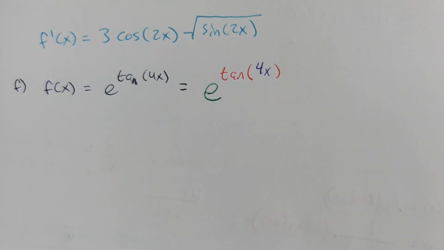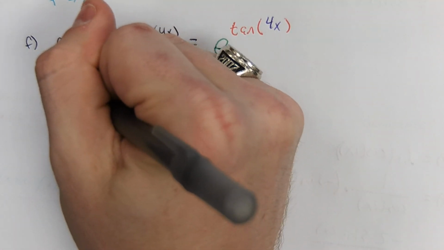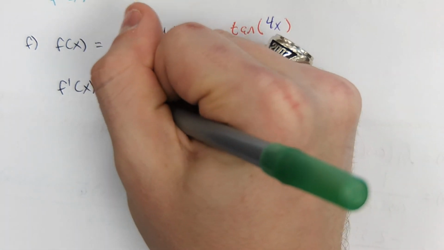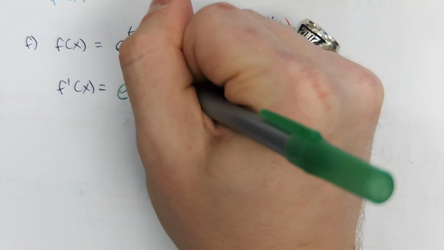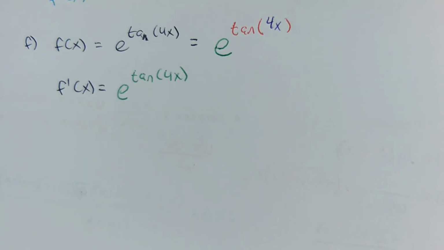Let us track down f prime of x. Peel the onion, start with the outermost structure. The derivative of any e function is, rewrite the e function, and then multiply by the derivative of its exponent. Well, that's the red thing.